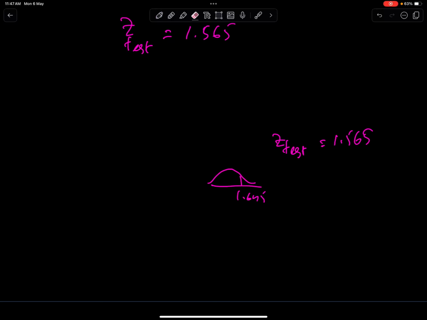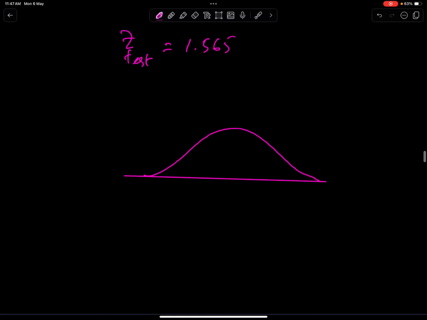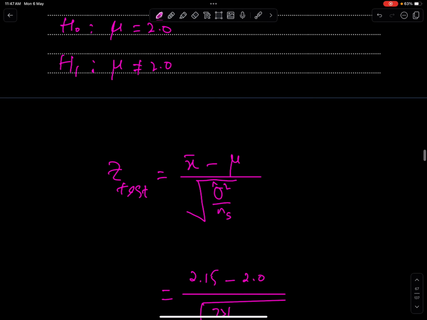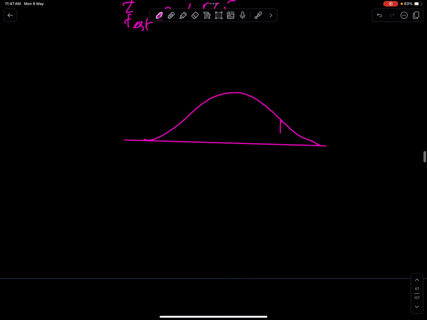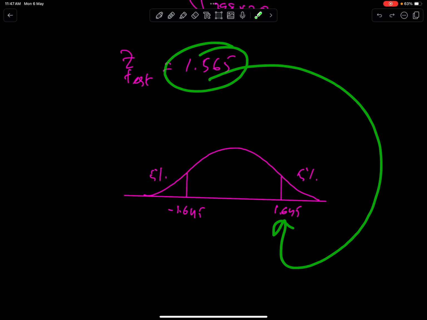Now we need to compare this with Z critical. The significance level is 10%, which is divided into equal parts because it's a two-tail test. 5% here, 5% here. And this value is 1.645. This is minus 1.645. Since we are getting a positive value, we will compare this value with this value.